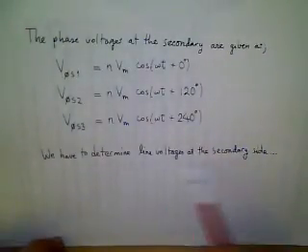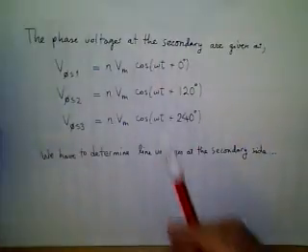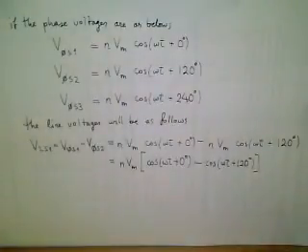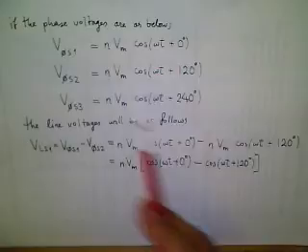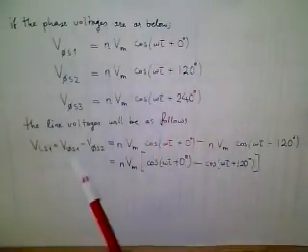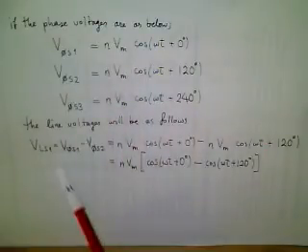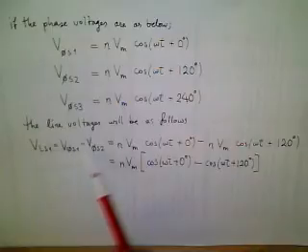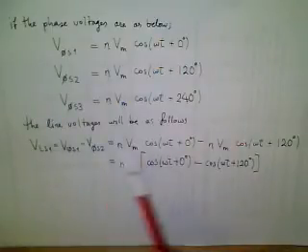Let's determine line voltages at the secondary side, because these are phase voltages. So this is the set of phase voltages. Line voltages will be the difference of the phases. The first line-to-line voltage is the difference of the first and second phase.